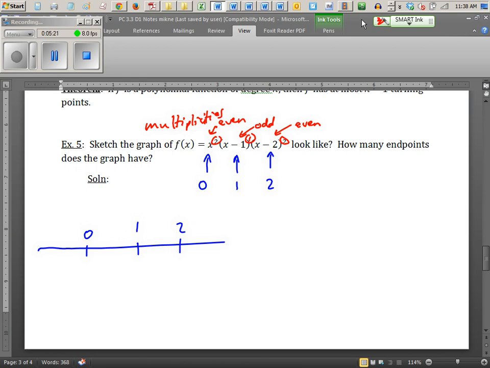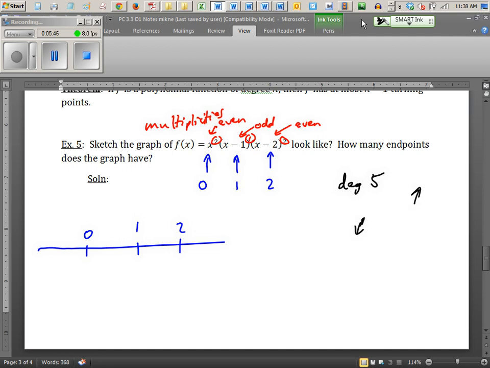I'm sorry, it's not going to switch signs. At 1 it will switch signs, and at x equals 2 it will not switch signs. Okay. What is the overall degree structure of this polynomial? I've got x squared, I've got an x, and I've got another x squared. So what is it? Degree is 5. Right. So if it's degree 5, we know that it looks something like this.